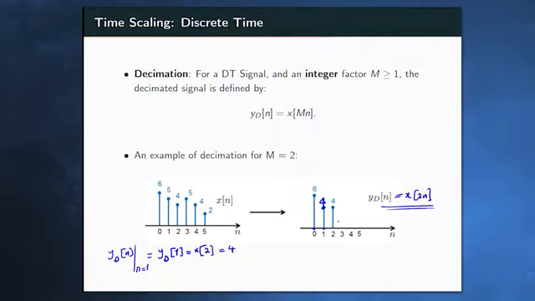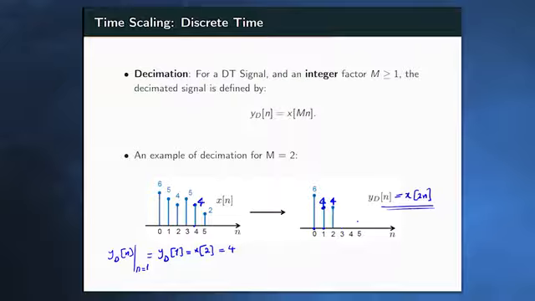For n equal to 2, yd of n at n equal to 2 is x of 4. So I come here for x of 4. X of n at n equal to 4 is 4, and then I plot it in here. We usually use stem plots for plotting discrete time signals. So moving on, for n equal to 3, yd of n at n equal to 3 is x of 6, and x of n at n equal to 6 is 0.